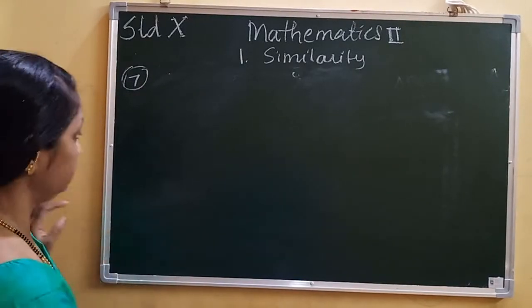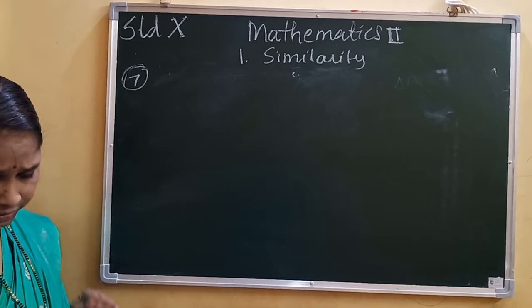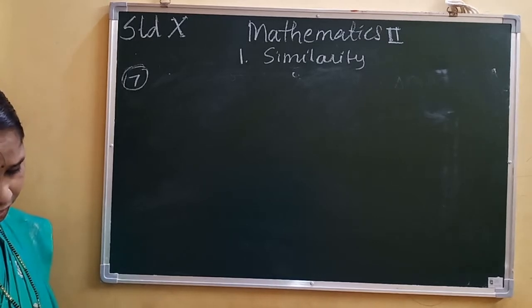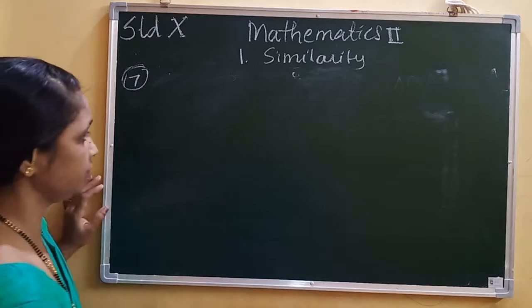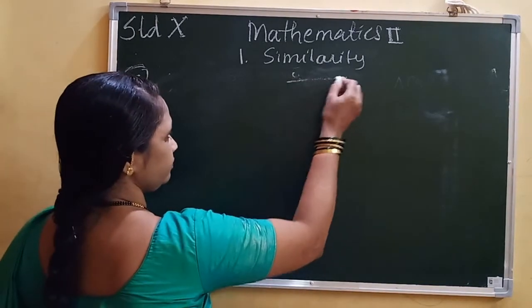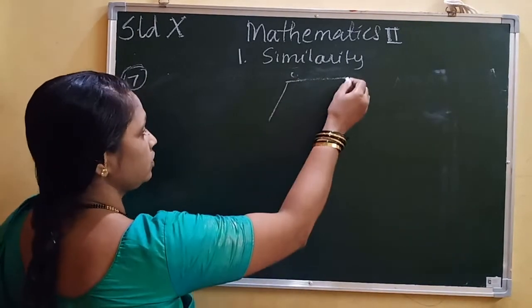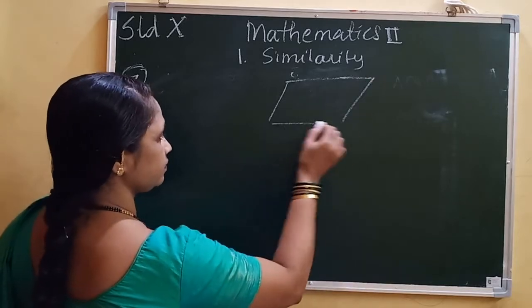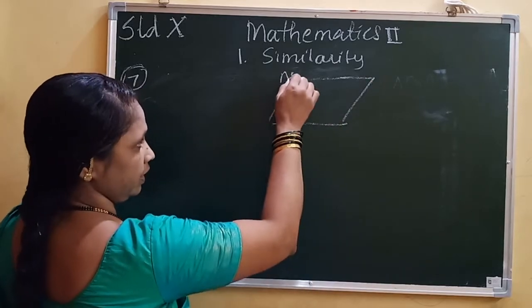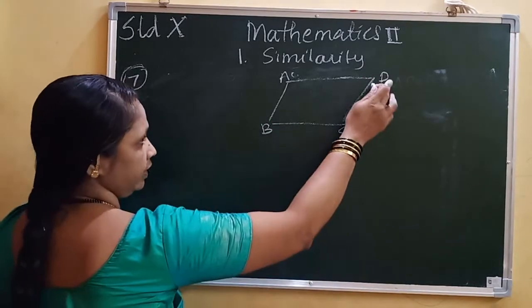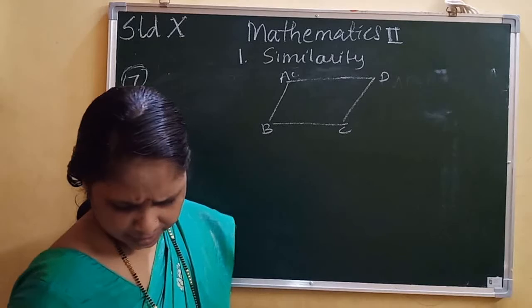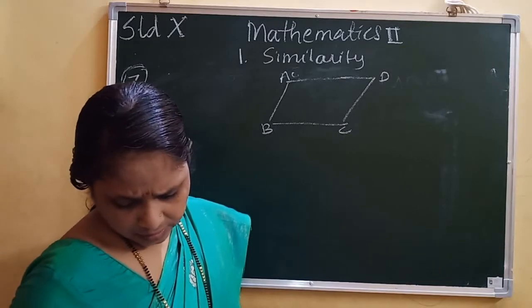Example number 7. In this what they have said, ABCD is a parallelogram. Point E is on the side BC and line DE intersects ray AB. Now see the figure, it is given. Parallelogram A, B, C, D. Okay, and what they have said, ABCD is a parallelogram.